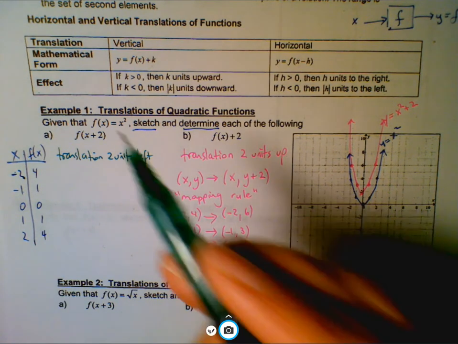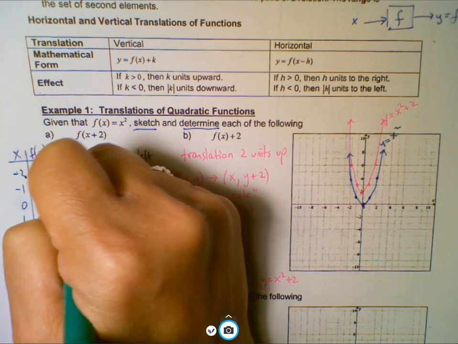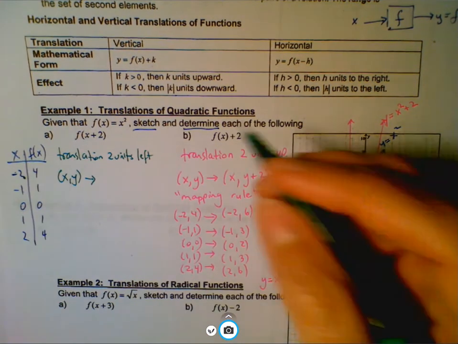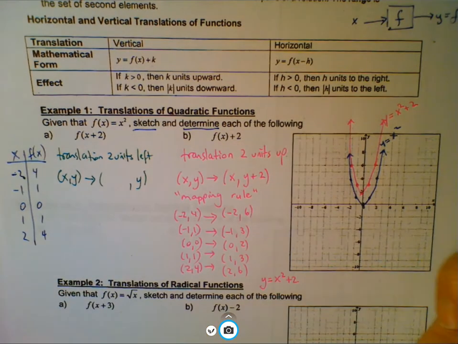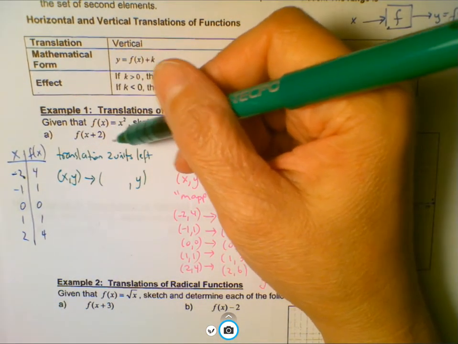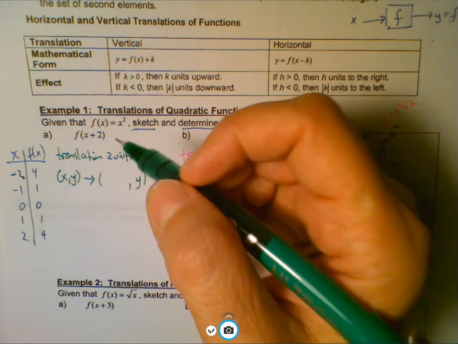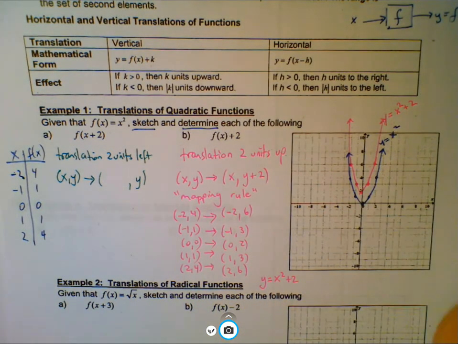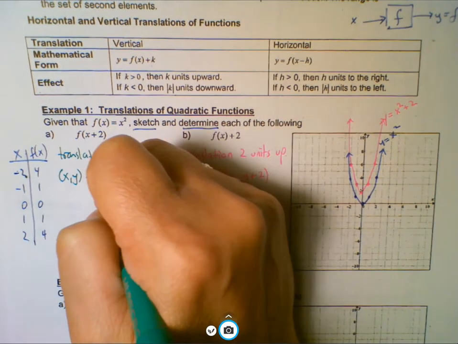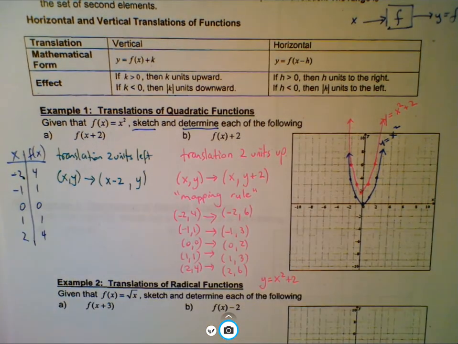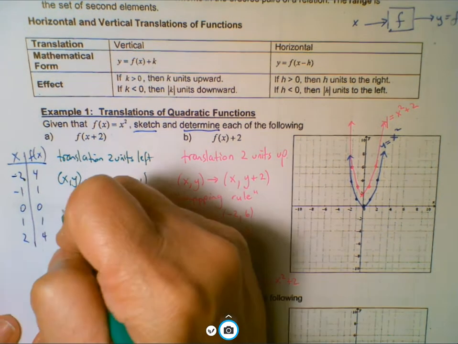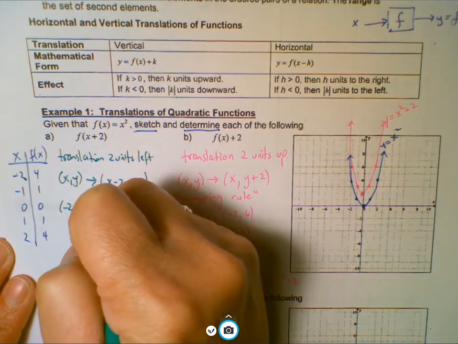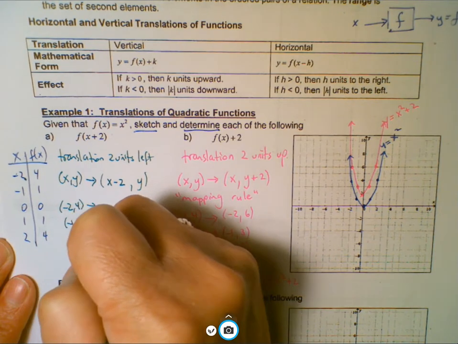So now I'm going to write the mapping rule. What does that mean? So x, y: the y's are going to stay the same because I haven't changed anything over here, but the x's are going to be 2 less than what they were. And that's what's going to give us our shift to the left. So this is our mapping rule. And so now I can take these points and transform the points.